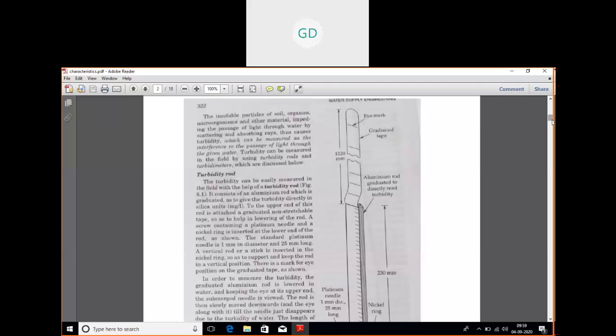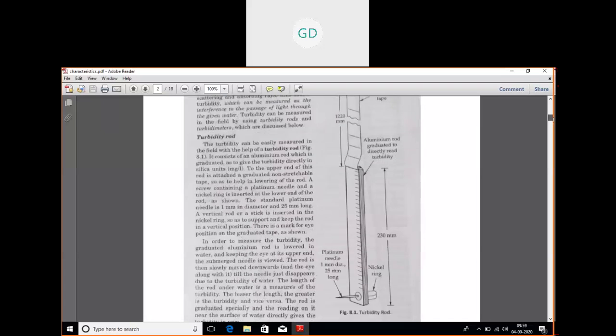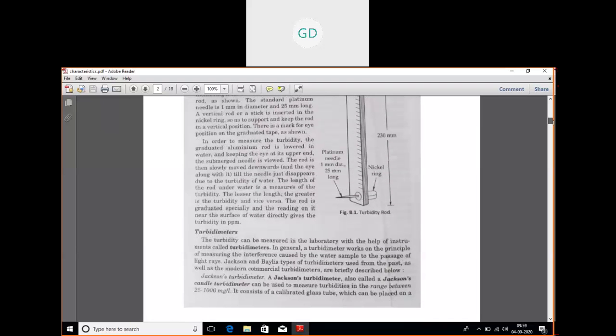So, about turbidimeters, you can write it down. There are three types of turbidimeters.